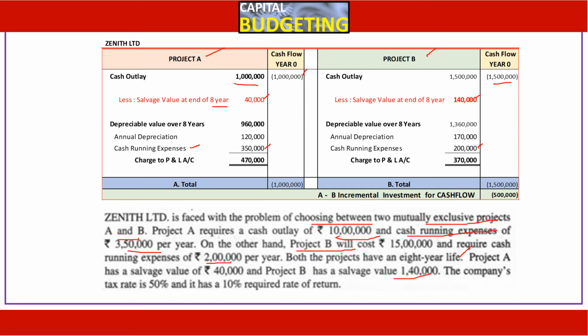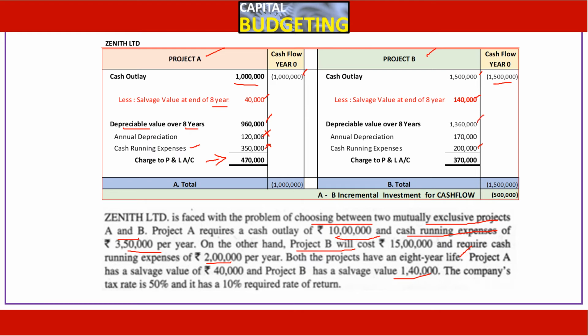Means 10 lakh minus 40,000, 9,60,000 has to be recovered as depreciation over 8 years. Means annual depreciation is 9,60,000 by 8, 1,20,000. Therefore, the charge to profit and loss account will be running expenses and annual depreciation for the sake of comparison. Coming to the other side, 15 lakhs outflow, salvage value is 1,40,000.